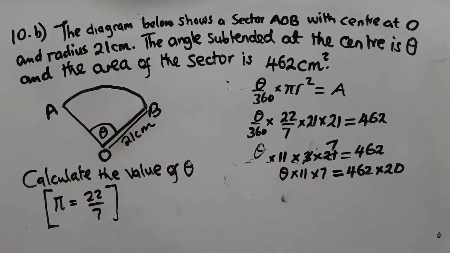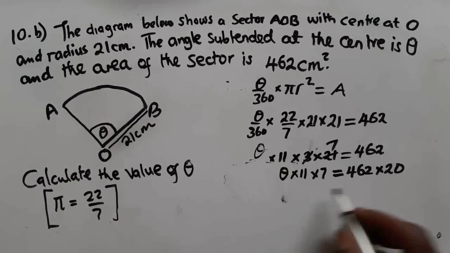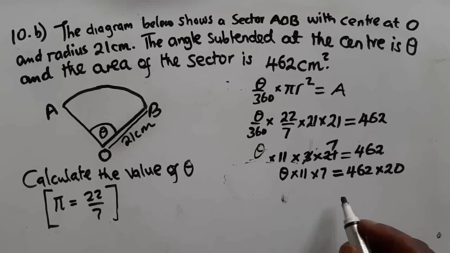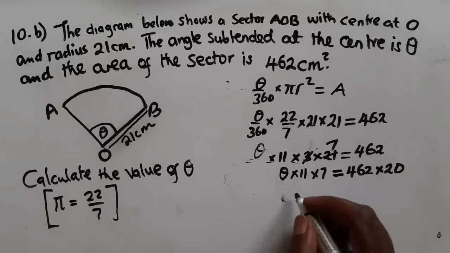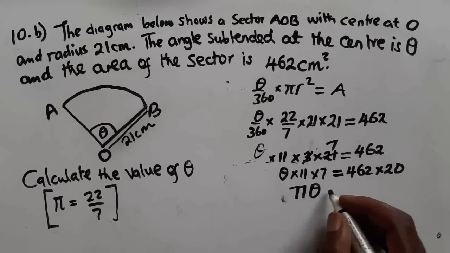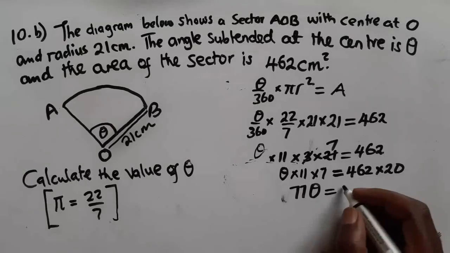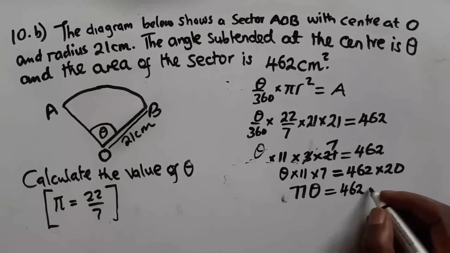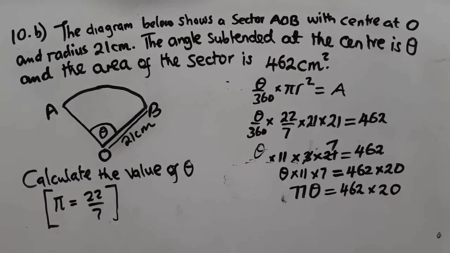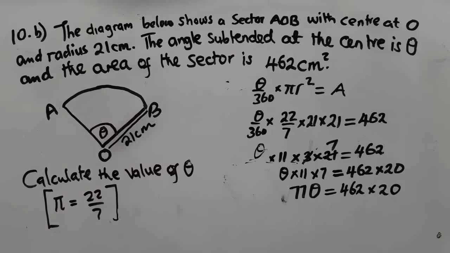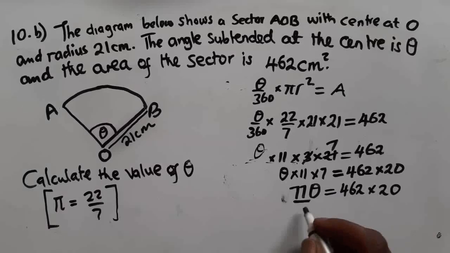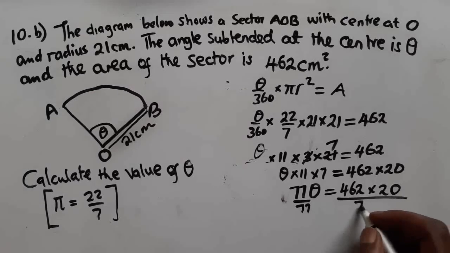Now, this is the point at which we have to begin to work out on both sides and simplify to see what we are going to get. That is the bottom line. So we are going to have 77 theta is equals to 462 multiplied by 20. Usually I don't like multiplying these two, because we do not have a calculator, so we are increasing the size of the value. So at this point we can divide 77, even this side 77.